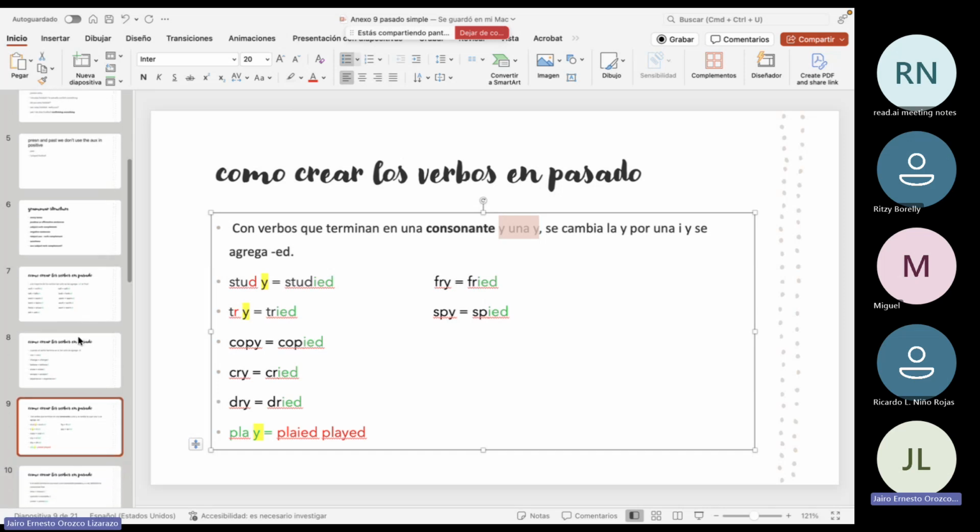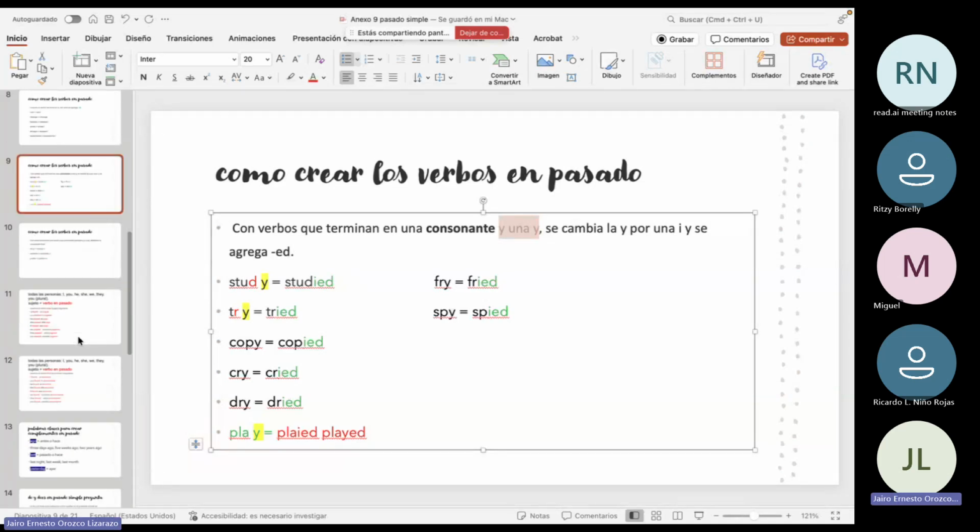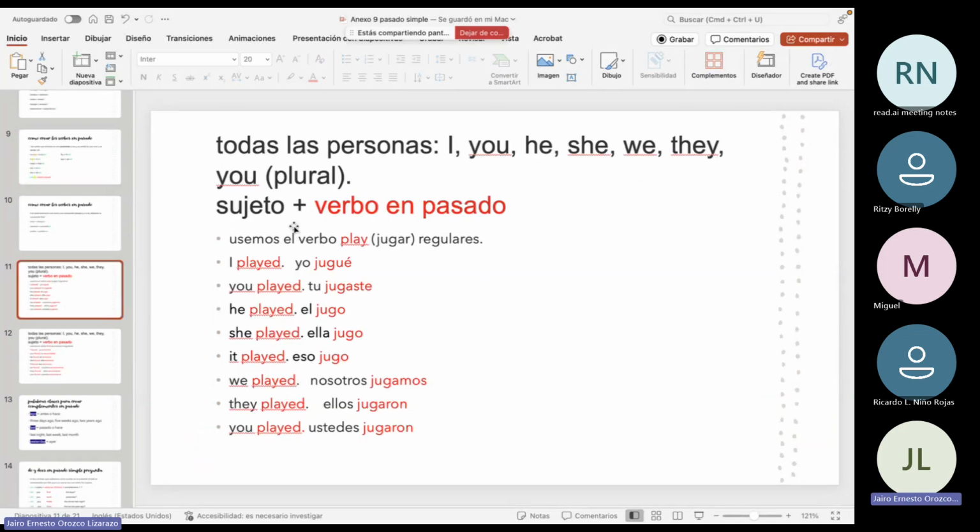Those are the regular verbs. Irregular verbs are about 150, and we have to memorize those. So for every regular verb, we use the same verb for every subject: I, you, he, she, we, they, you.